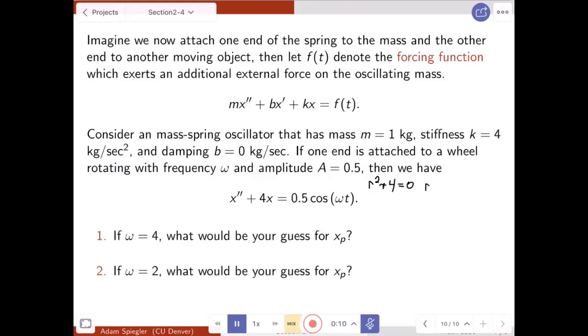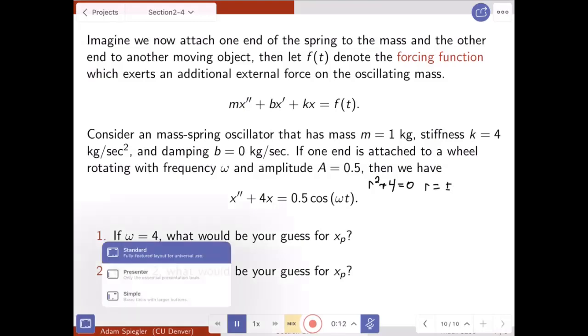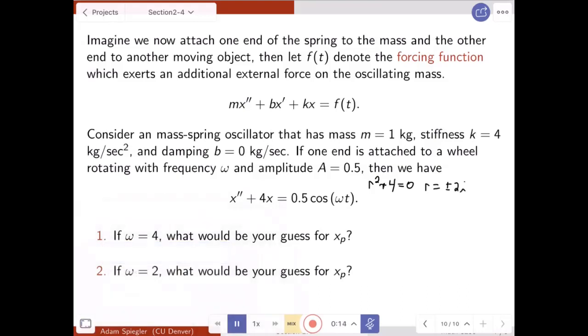So we would set up our characteristic equation, which would be r squared plus 4 equals 0. And we've got our two roots, that r is plus or minus 2i. So that would give us a homogeneous solution of C1 cosine of 2t plus C2 times the sine of 2t.